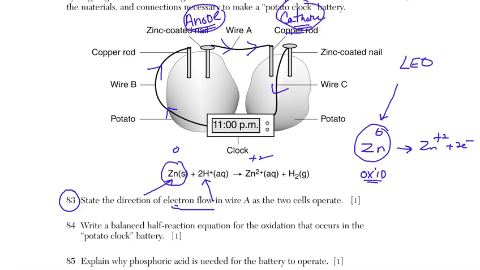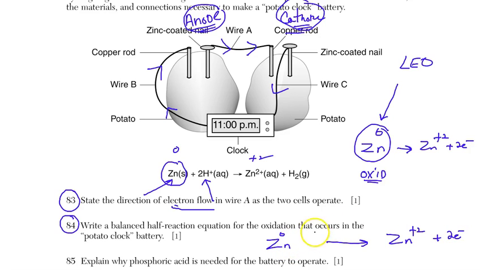Okay, 84 is a classic half reaction. We have zinc 0 on this side of the reaction becoming, on the other side of the arrow, zinc +2. Balancing the mass, 1 zinc, 1 zinc, we have to balance the charge. This side is +2, this side is 0. So I put in 2 electrons here because a -2 and a +2 gives me 0.